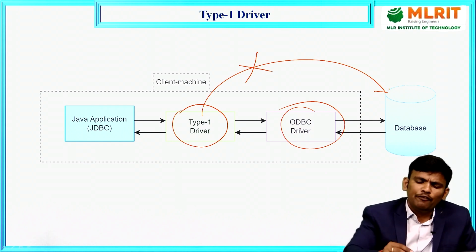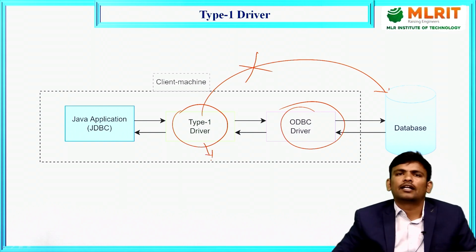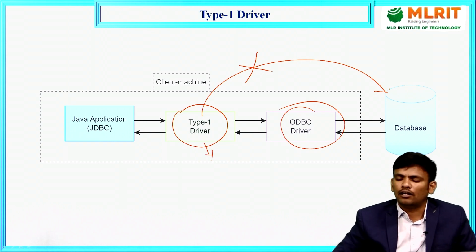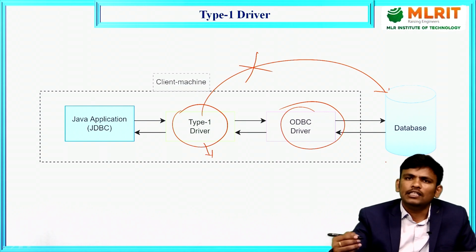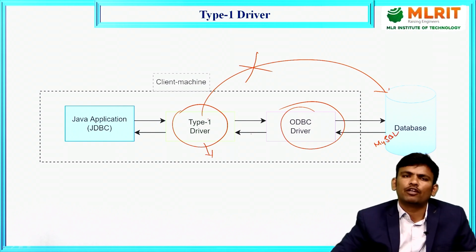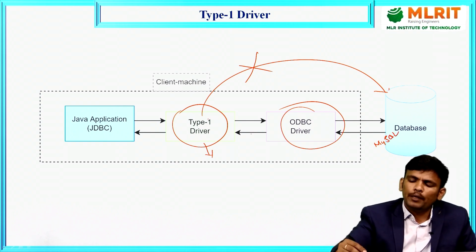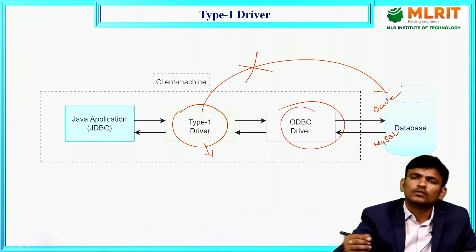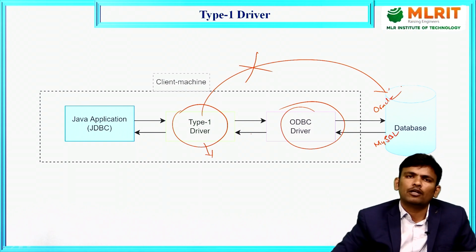That means the type 1 driver is a database independent driver. Sometimes you may use MySQL, no problem, the type 1 driver will be the same. Sometimes you may use Oracle, no problem, the type 1 driver will remain the same.